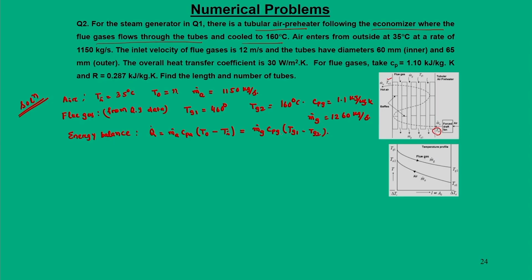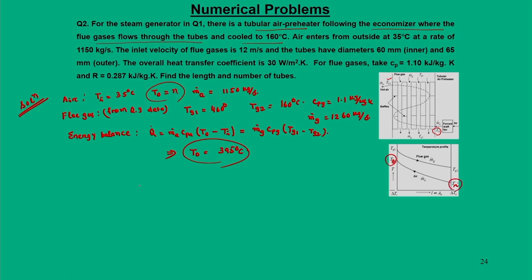All these numbers are given, m dot g, m dot A all are given. So, the only unknown is To. From this equation we can find out To is equal to 395 degree centigrade. Here O is outlet and I is inlet, so To and Ti are known.